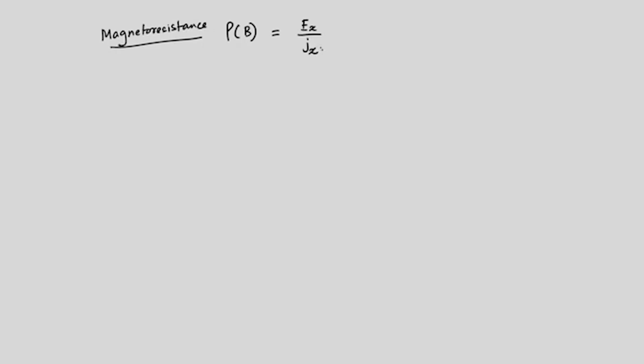Now, this makes sense because rho is inverse of sigma. Here rho is called the resistivity. So, that is the resistivity that we are talking about, and that is equal to M by Ne square tau. So, rho of B is inverse of sigma, and it's given by M by Ne square tau.